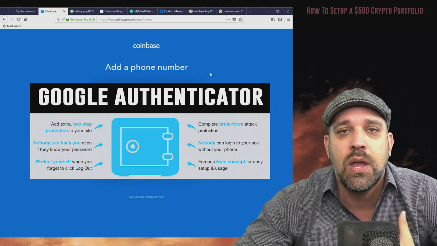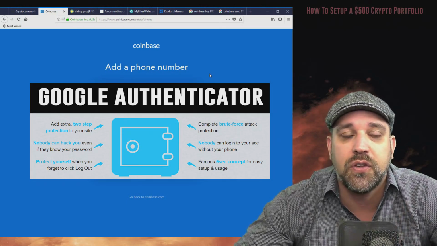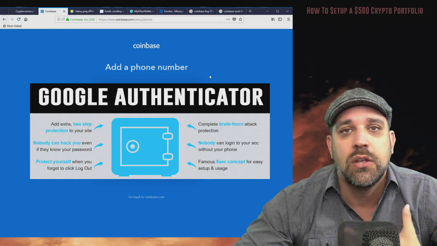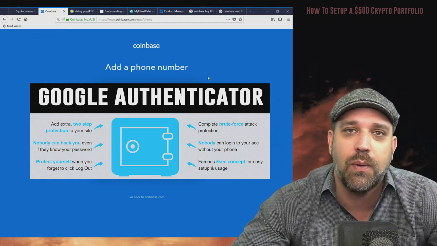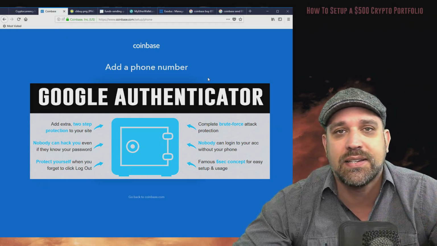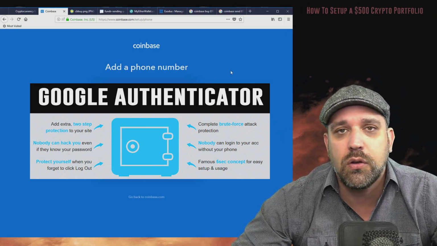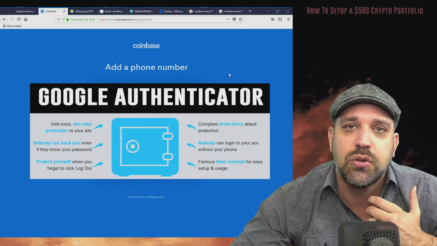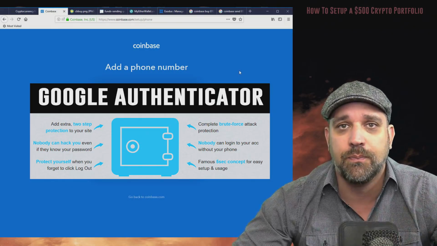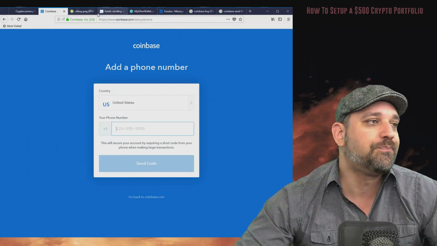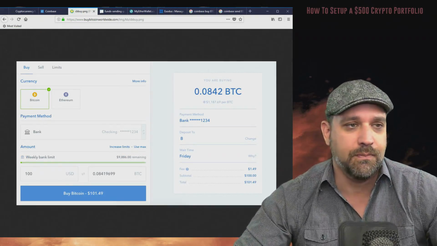This could save you a lot of heartache and headache and money in the future, provided for whatever reason you're out talking about your cryptocurrency holdings on Twitter, some hacker looks at it, figures out a way to get access to your machine, tries to access your Coinbase account or any other exchange accounts for that matter, and with Google two-factor authentication, they actually need your iPod or your phone to get access to your account. Use it.